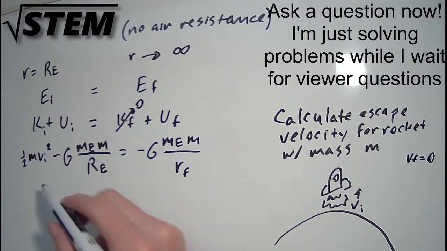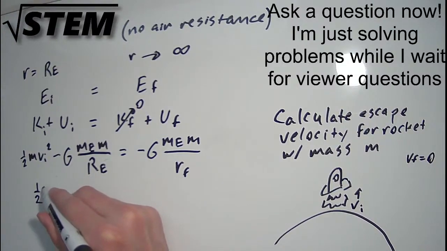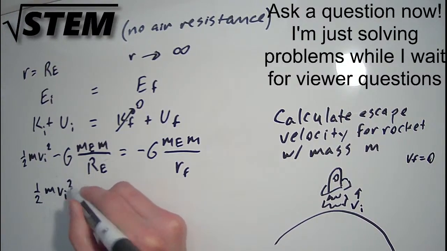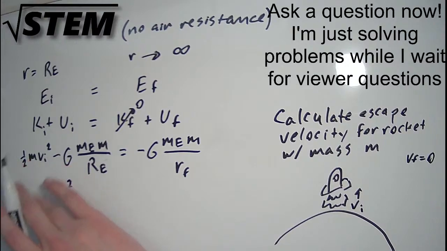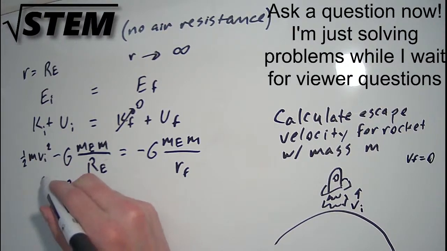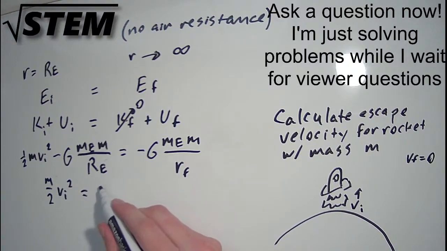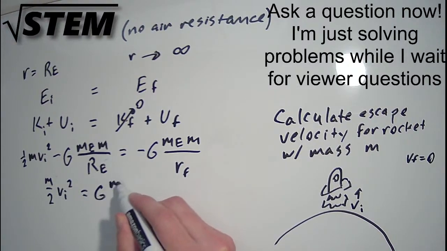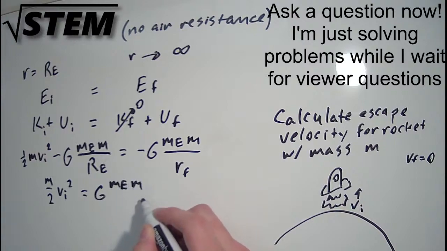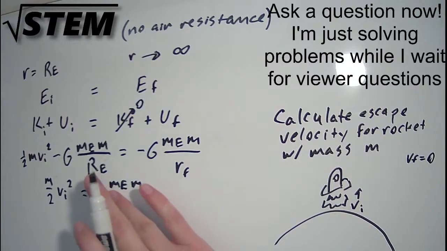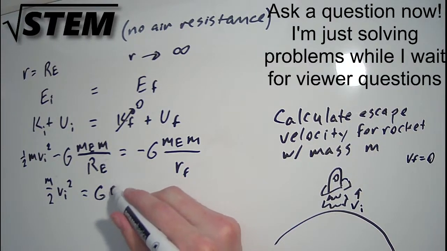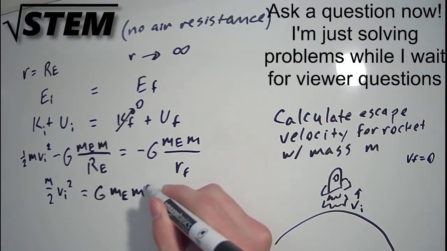So we'll add this to the other side to get 1/2 m v i squared. So I'm going to write that as m over 2 equals G, mass of the Earth, mass of the rocket. I don't know why I wrote those like they were going to be on a fraction, because I'm going to split it up.